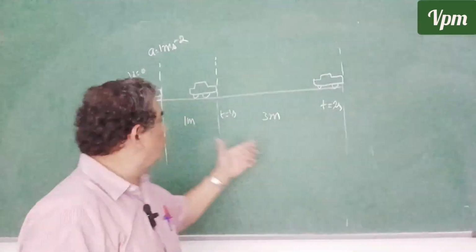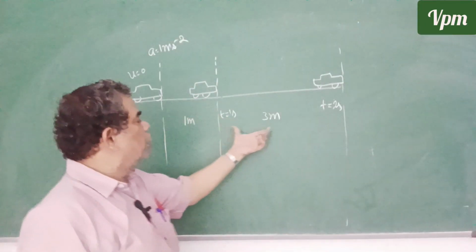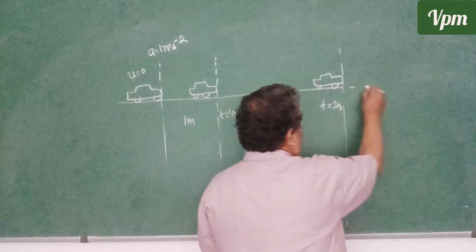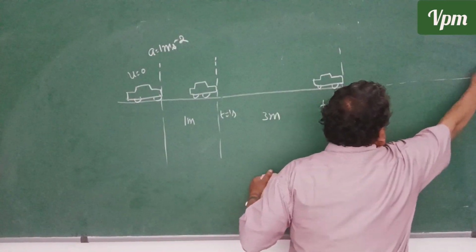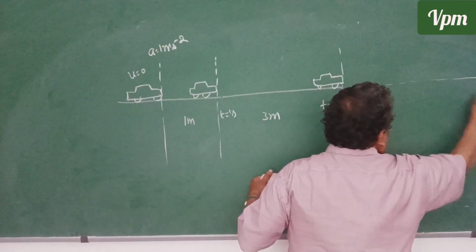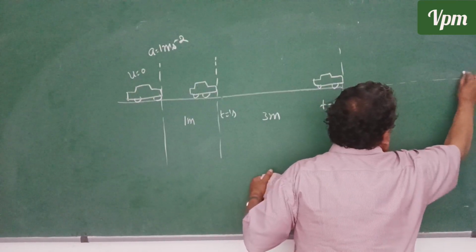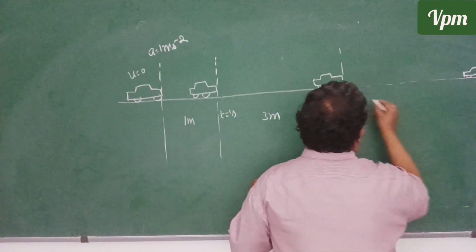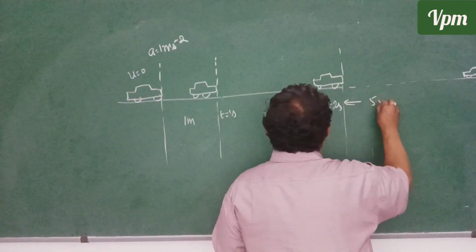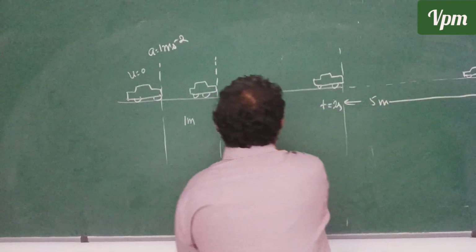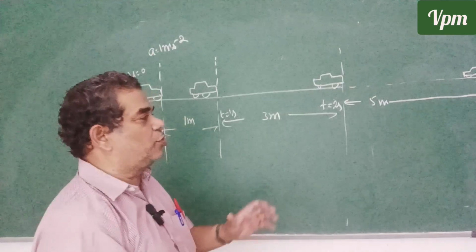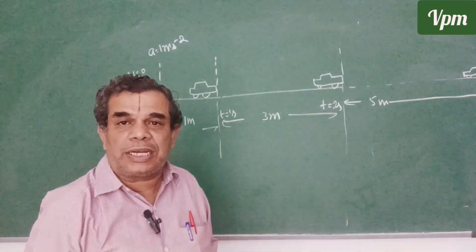It goes on. Observe, the distances covered go on increasing. We can also write one more. At t equals 3 seconds, the car may be much farther, say this distance may be 5 meters. It covered more distance as time increases, because velocity goes on increasing.